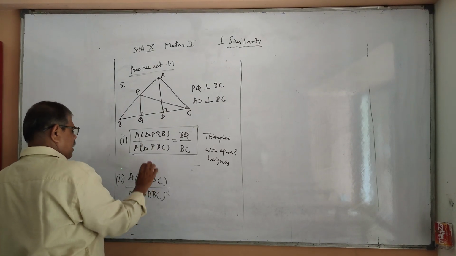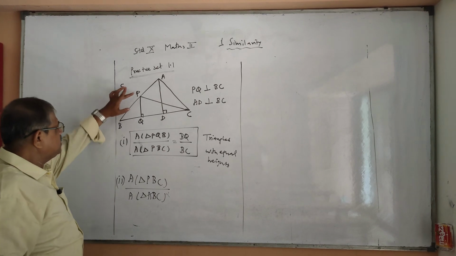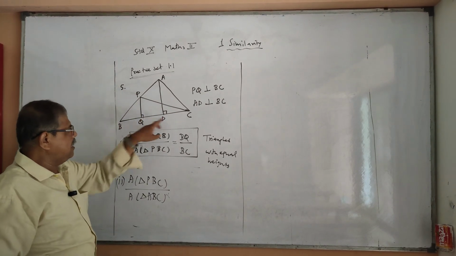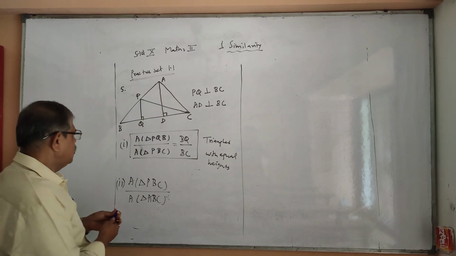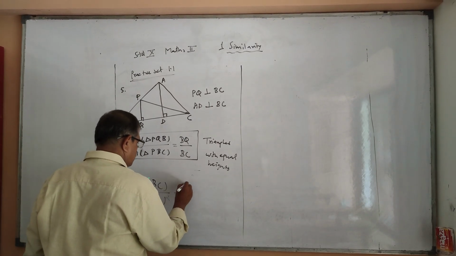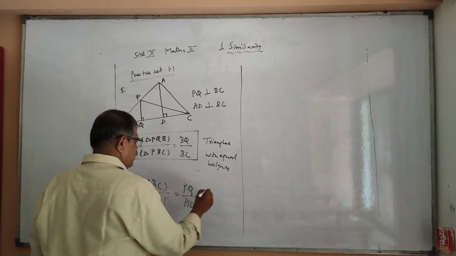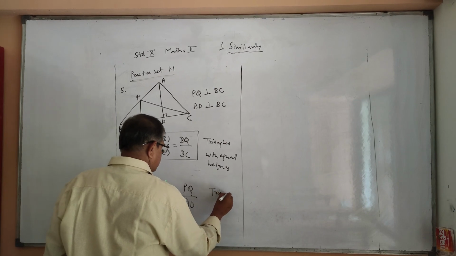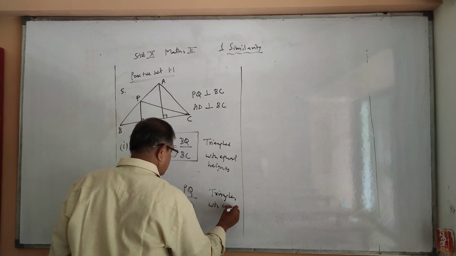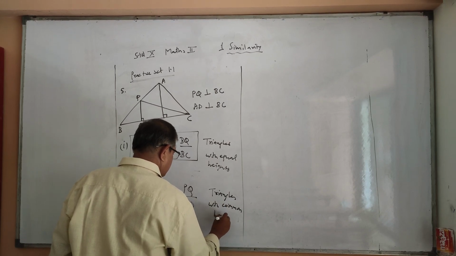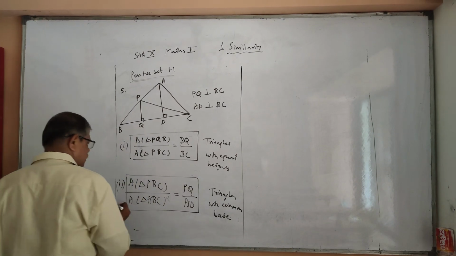So obviously area will be proportional to their heights. What is the height of the triangle PBC? Anyone can tell me? Yes, PQ. And ABC height is what? AD. So your answer is PQ upon AD. It's simple. If you observe, you can easily get the answers. So triangles with common base BC, and this is the answer of your second sub question.